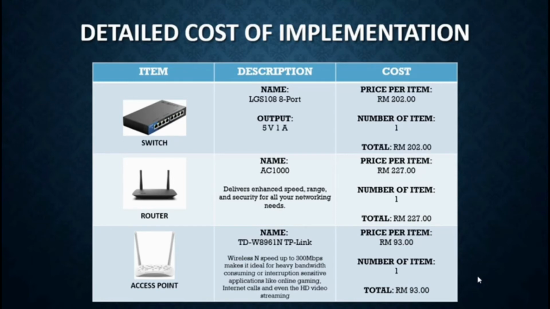Price per item is 227 ringgit. And the third item is the access point. The access point is the TDW89SID1N TP-Link. The price per item is 93 ringgit. We use one item.